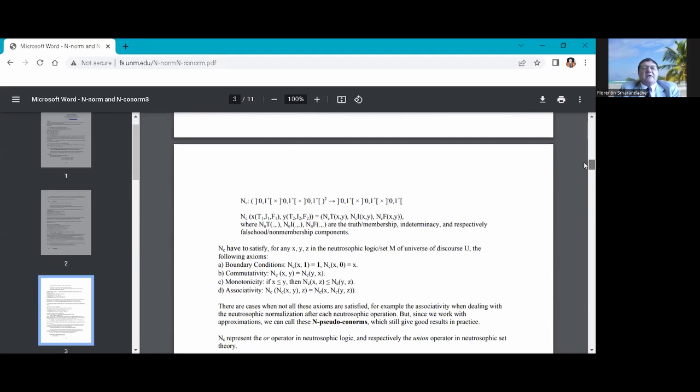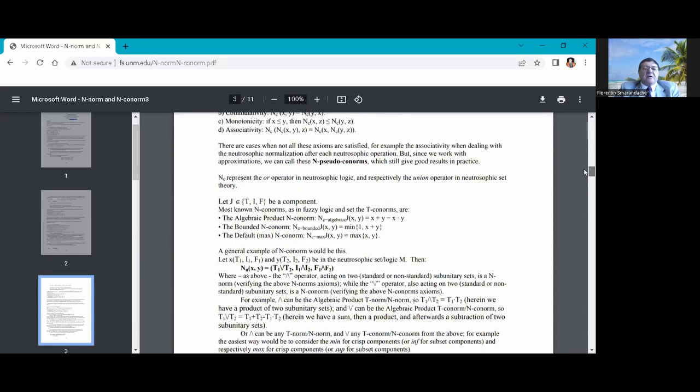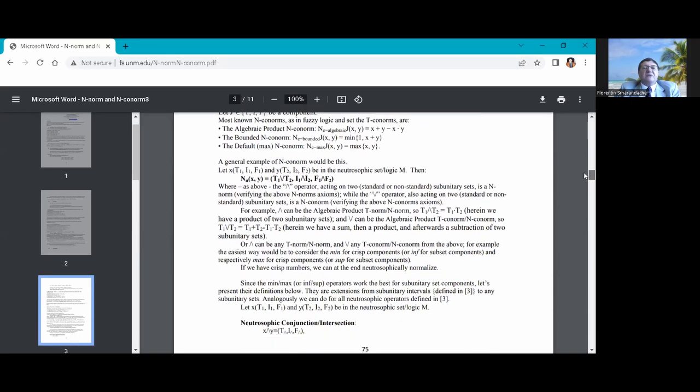So we defined the truth part, indeterminacy part, and false part with respect to the previous one.